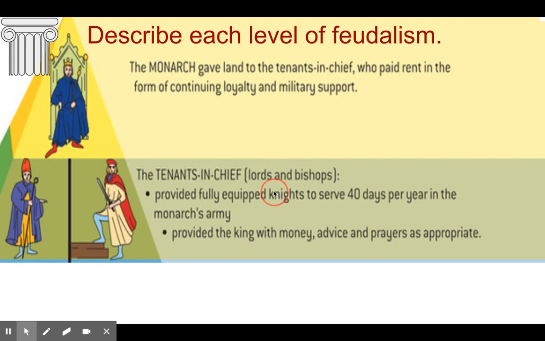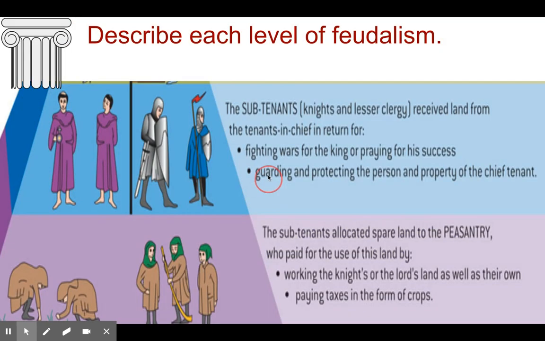And so the lord needs to organize the knights in case there is some sort of attack or anything. Okay. And then the king gets money and advice and prayers and even crops from the lords.